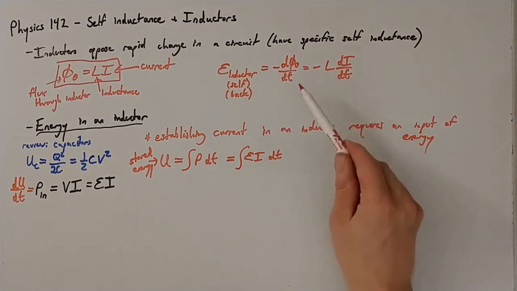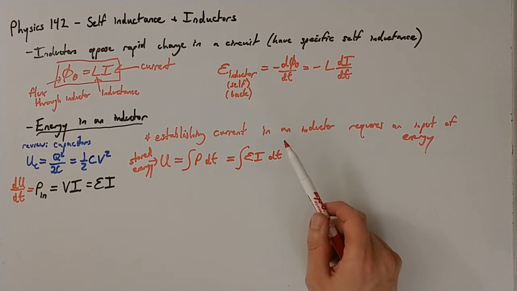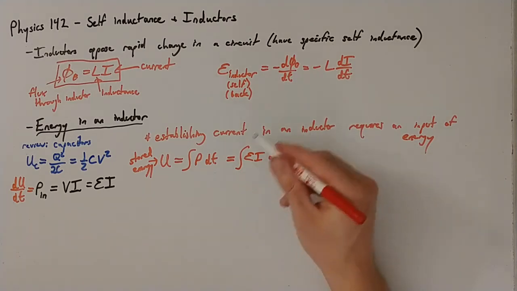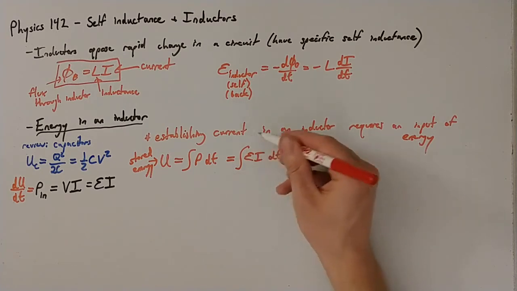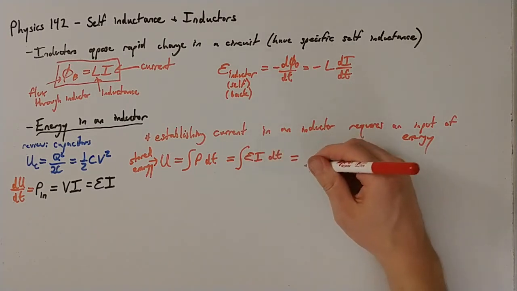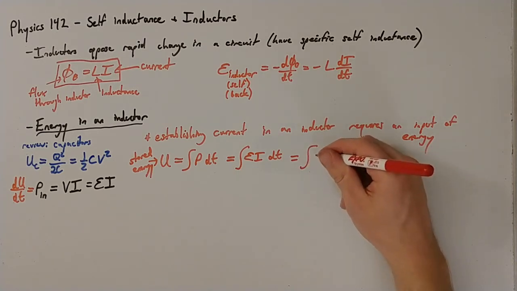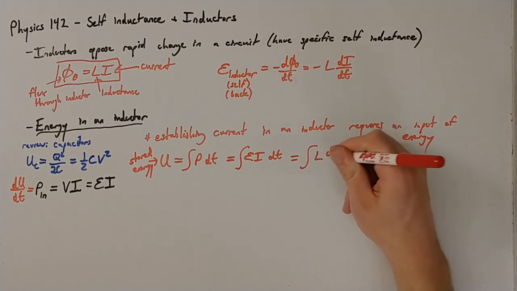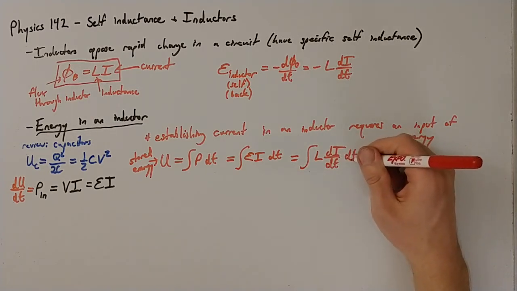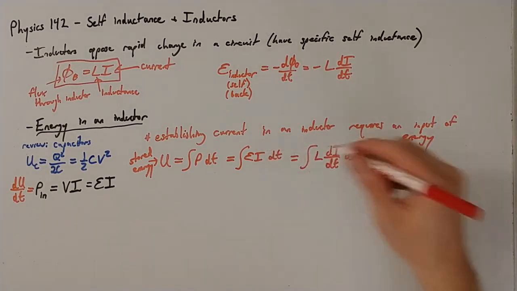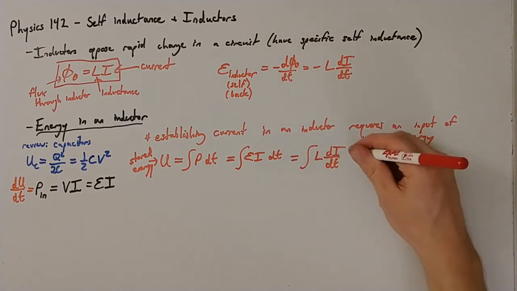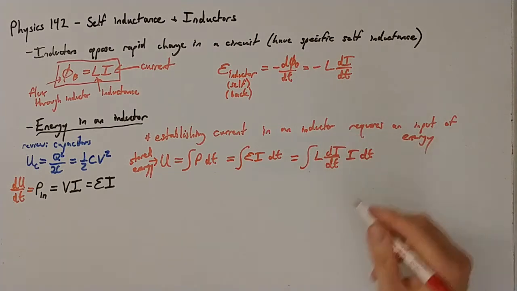Since the minus sign is just dealing with the opposition, I will drop it for just a second. It just matters for the order of the limits of integration. So let's write the integral of L dI/dt times I dt.